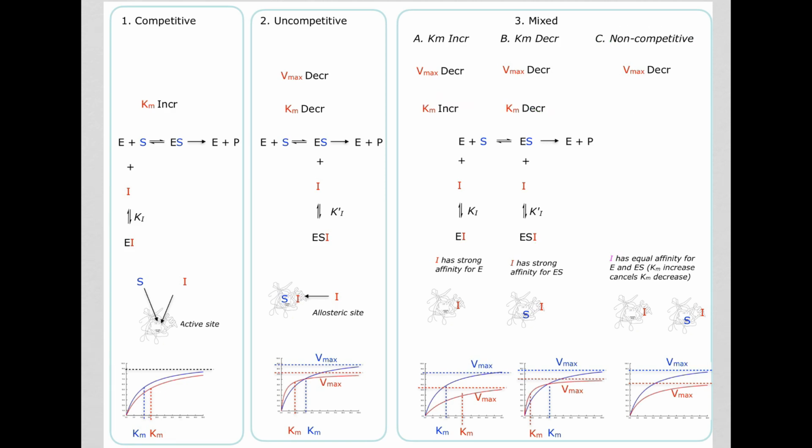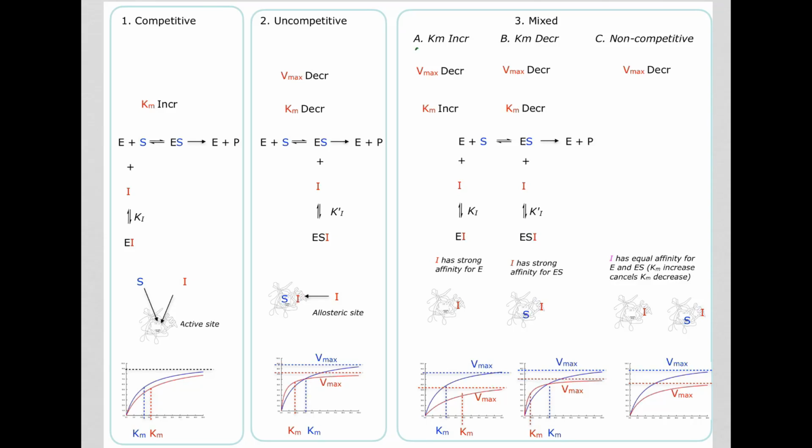So when we look at these three subtypes of mixed inhibition, once again you will see in all cases Vmax is decreased. That's because of the formation of ESI in all cases. So the Vmax is always going to decrease in any one of these subtypes.